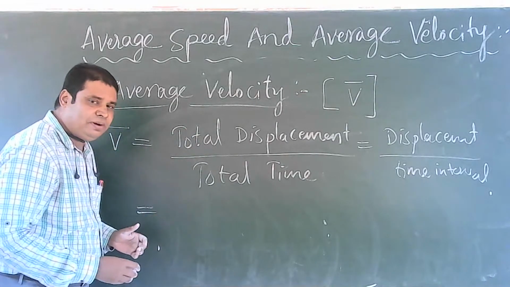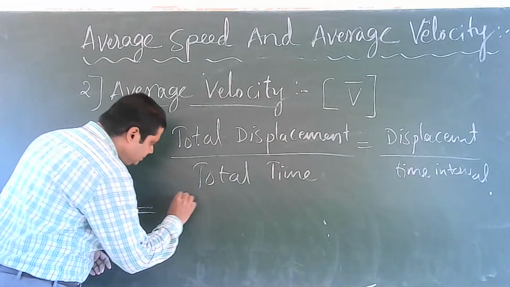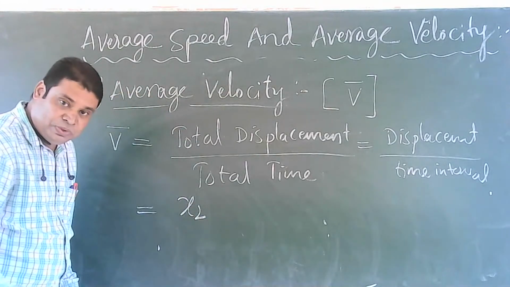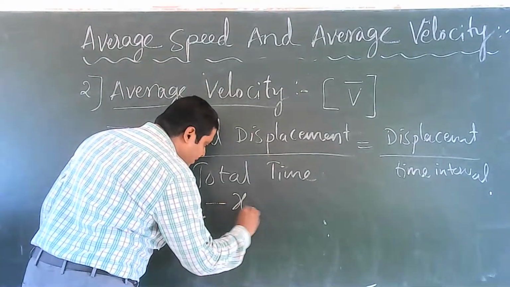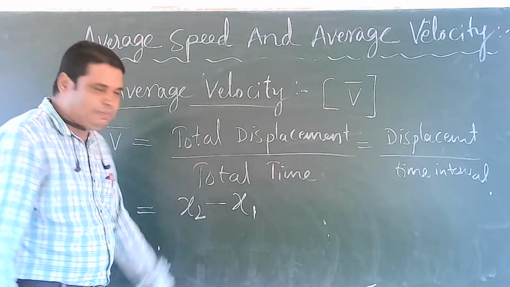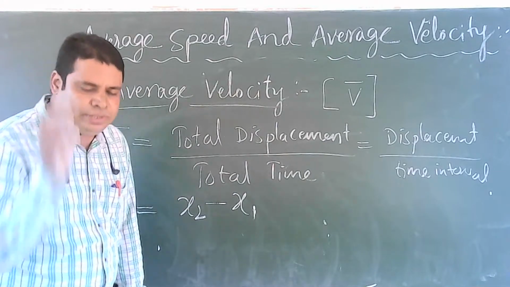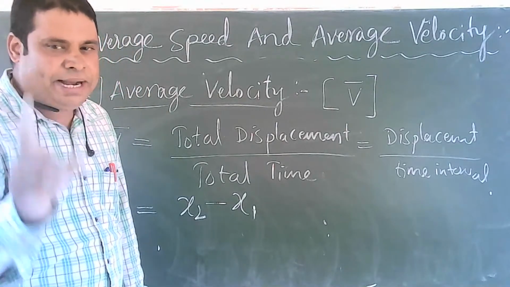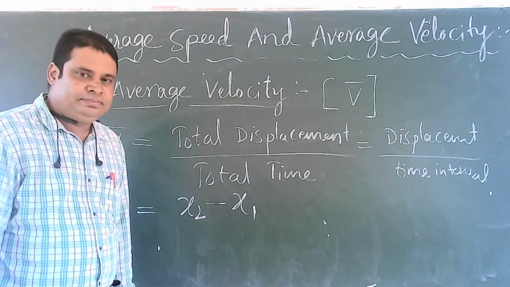Total displacement means what? There must be a final position, say x2, and some initial position, minus x1. We know this very clearly: x2 minus x1 gives you total displacement. Why? It only depends on initial position and final position, independent of the path traversed.